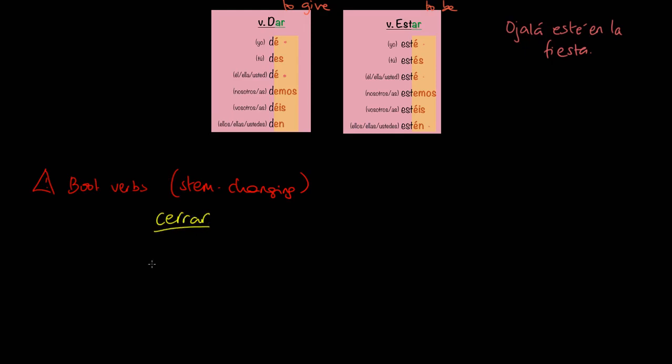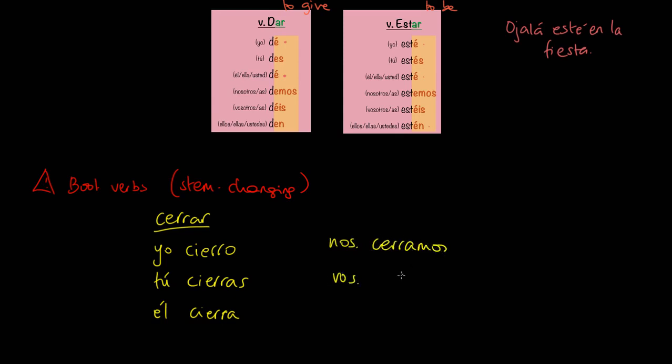In the present indicative, it went: yo cierro, I close; tú cierras, you close; él or ella cierra, he or she closes; nosotros cerramos, we close; vosotros cerráis, you guys close; and ellos cierran, they close.